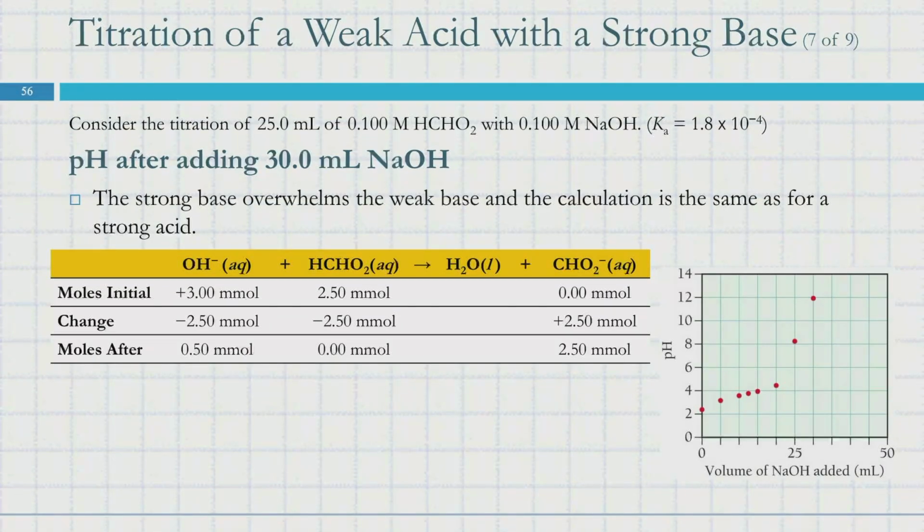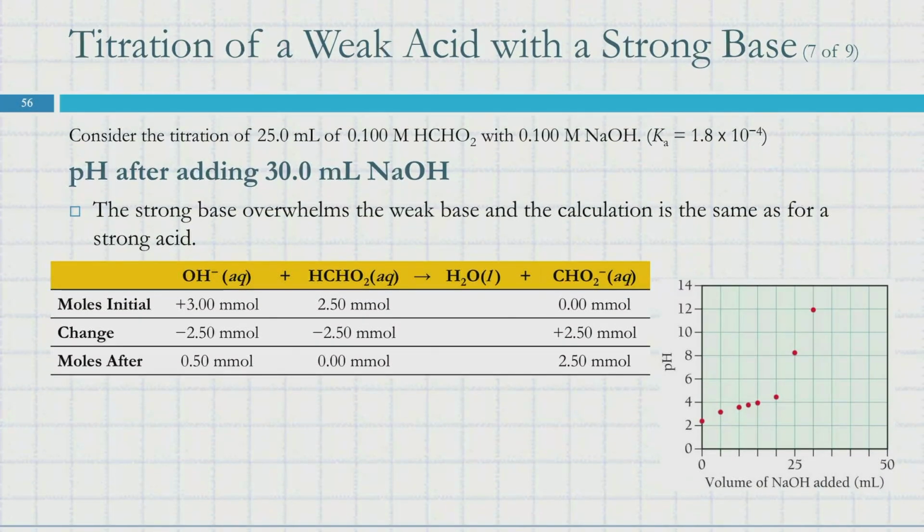When we add more strong base, the strong base is going to overwhelm the weak base, and the calculation is the same as for a strong acid, because our strong base takes over, and our weak base, the conjugate base of our weak acid, is not really contributing anything meaningful.